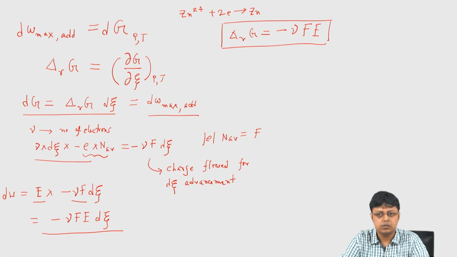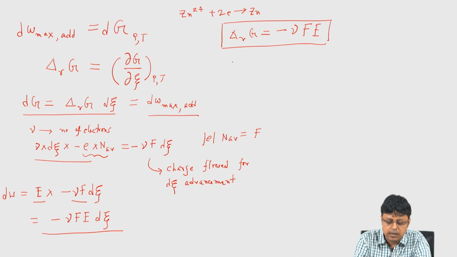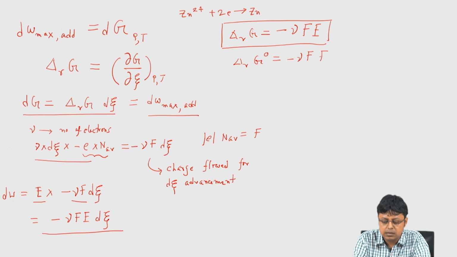For the gaseous state, it is 1 bar of pressure. For pure liquid or pure solid, we will see how the standard state can be defined. But let us say that we are running this reaction at the standard condition, and the corresponding potential we call the standard potential, which we write as E 0. Just like delta G 0, we also write E 0.